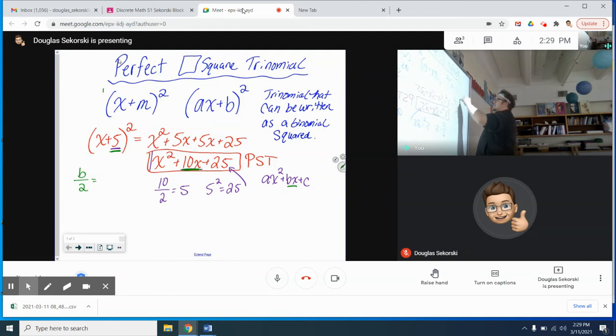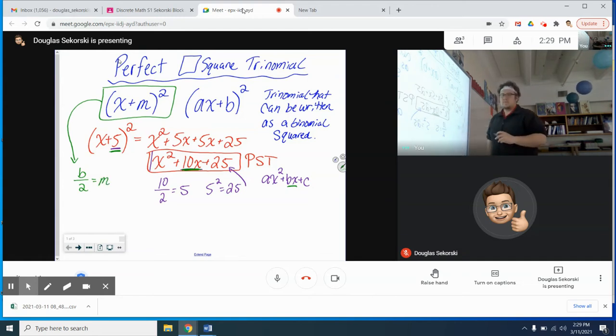So if we go back to this idea right here, that b over 2 is the m in that formula. And furthermore, we know that b over 2 squared is always going to equal the constant of our perfect square trinomial. So I'm going to show you how to make sense of that information and use it appropriately, but I wanted to at least get those wheels turning that this 10x is very much related to creating that constant, okay?